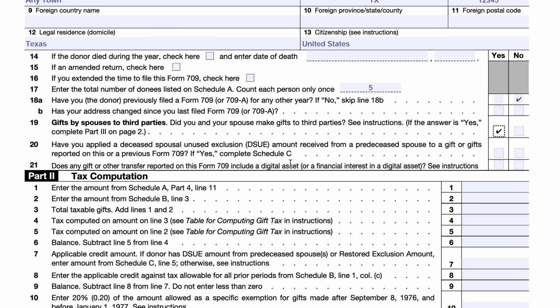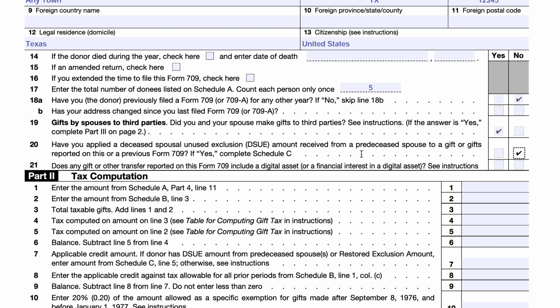Have you applied a deceased spousal unused exclusion amount from a predeceased spouse to a gift or gifts reported on this form or a previous form? If we did do that, we would have to complete Schedule C. We're going to say that we didn't do that, but Schedule C specifically applies to the deceased spousal unused exclusion, or DSUE.